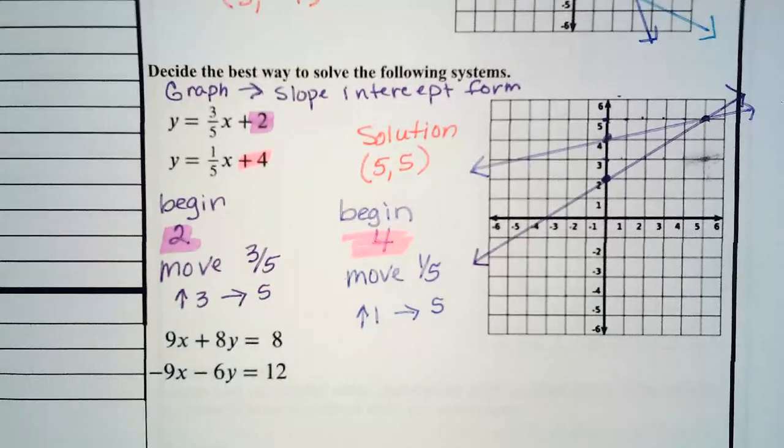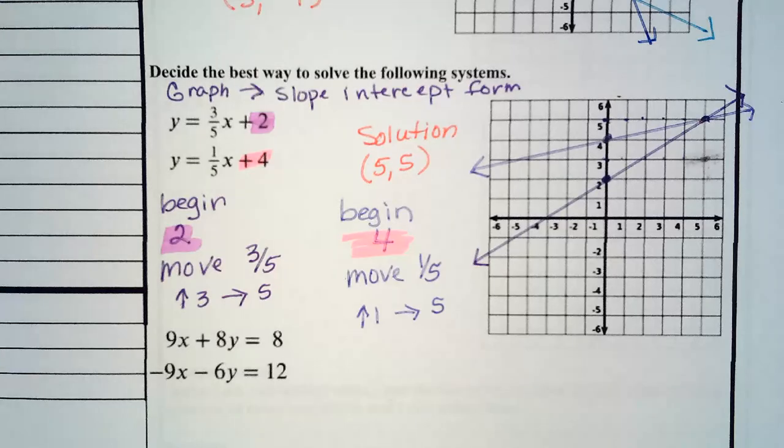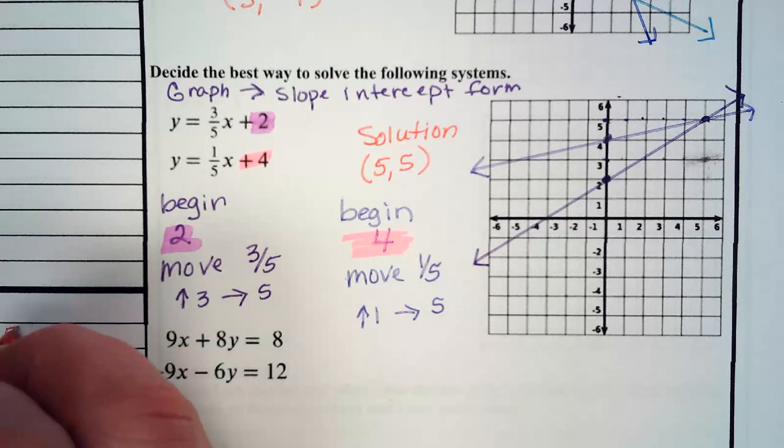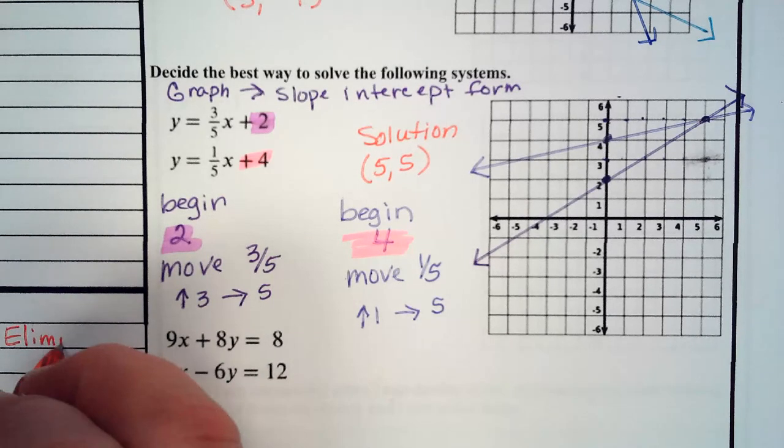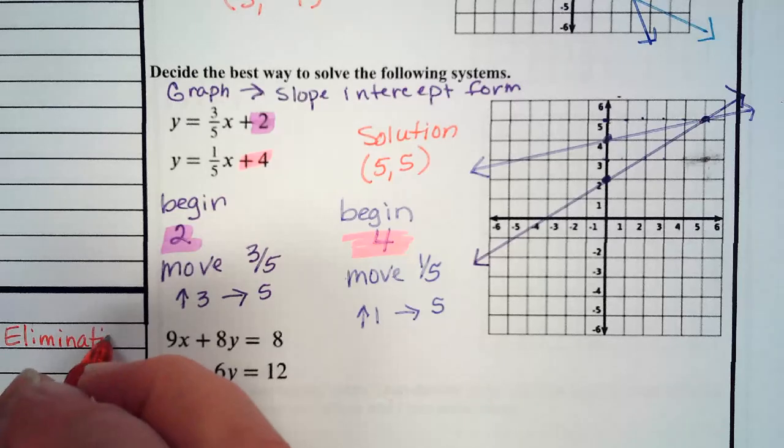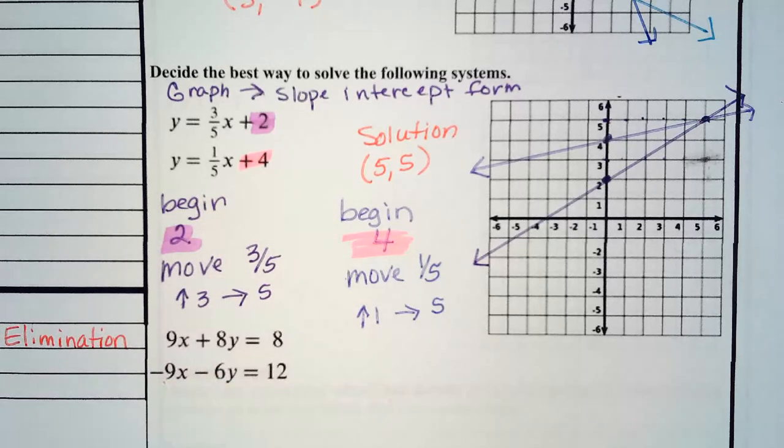So we've gotten the first one done by graphing. If I'm looking at this second set, I notice really quickly that I have opposites here. It's all lined up. This one is definitely easiest with elimination. I don't have to do any multiplying.